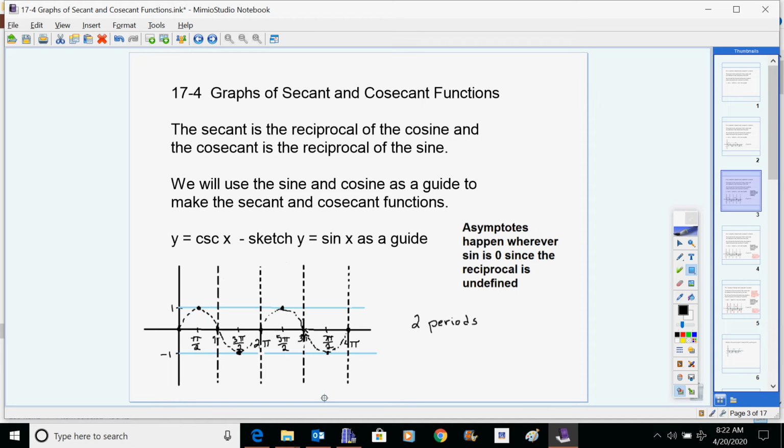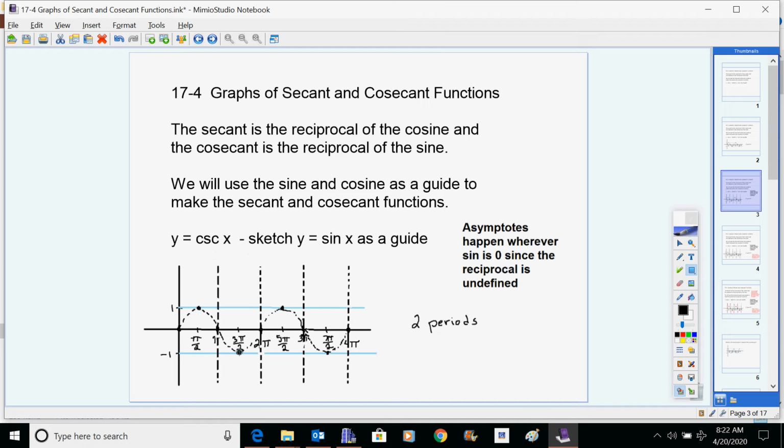So we've sketched first y equals sine of x. Then we need to think about, well, what else do we know? The other thing that we know is that this is a 1 value and this is a negative 1 value. If you take 1 over 1 and flip it over, because that's a reciprocal, the reciprocal of 1 is just 1. So this point is in common for both the sine and the cosecant graph.